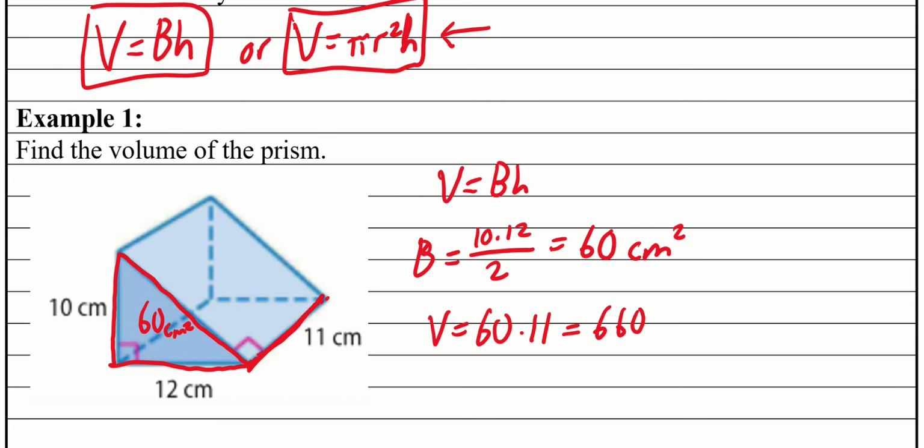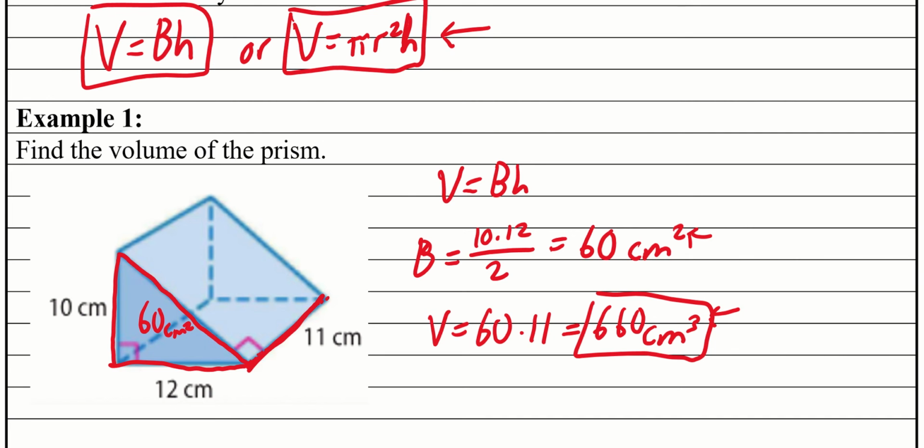Okay, so 660, and then when we're in volume, we're going to go one step further with the unit. This is going to be centimeters cubed. So anytime you're talking about area, you're saying squared, and then anytime you're talking about volume, you want cubed, or in other words, to the third power. Okay, so this is how we find the volume of a shape. Okay, find the area of the base, multiply it by the height.